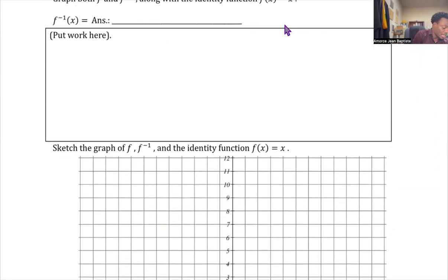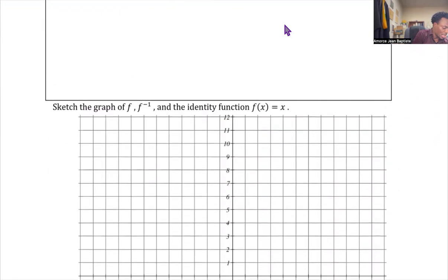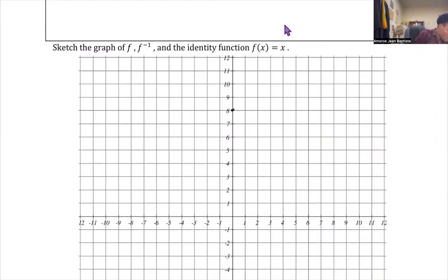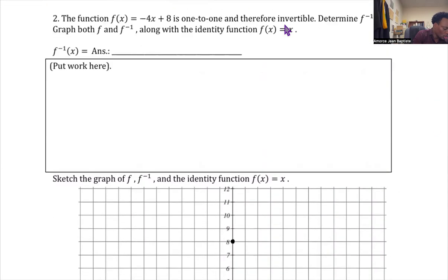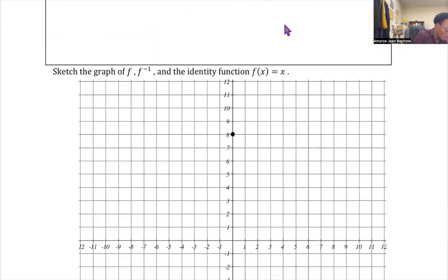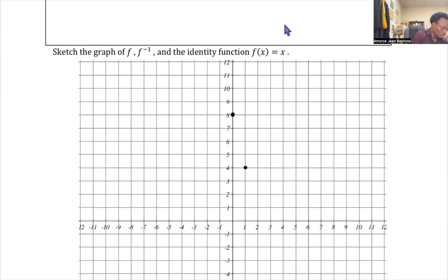So we're going to graph this line. The y-intercept is 8. The slope is -4. That means down 4: 1, 2, 3, 4, and then over 1.